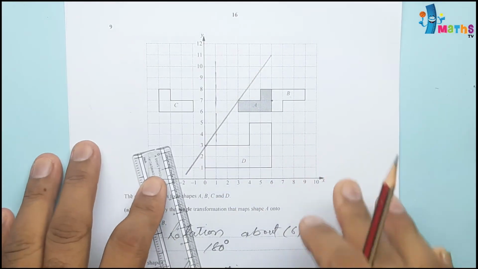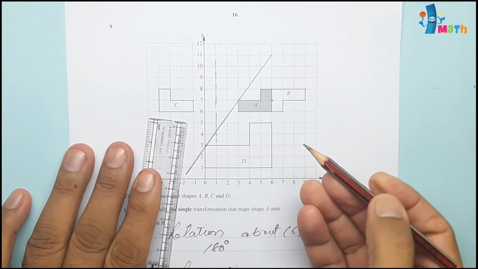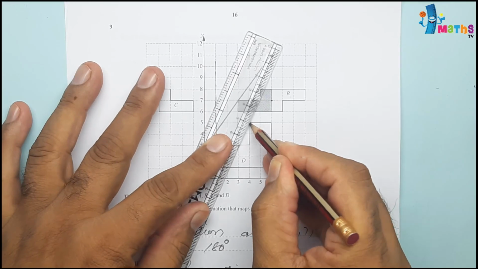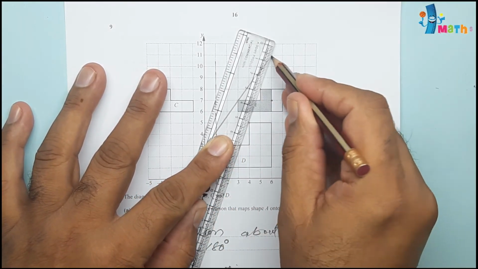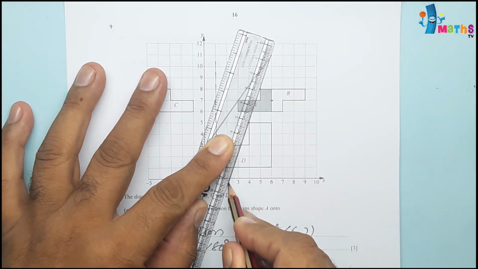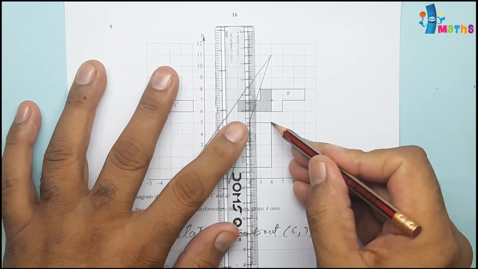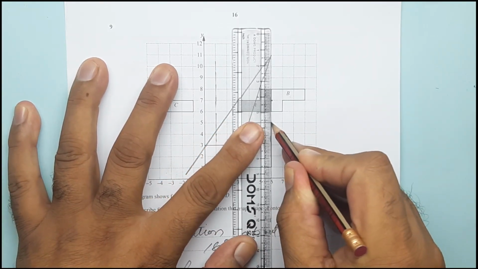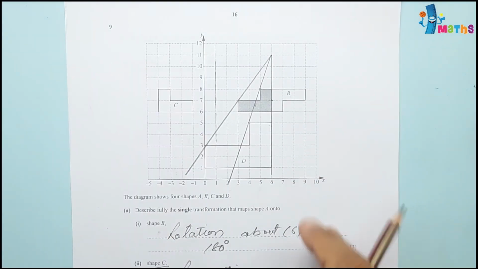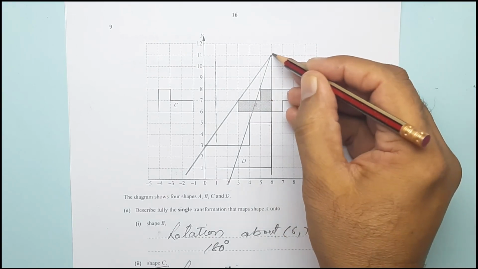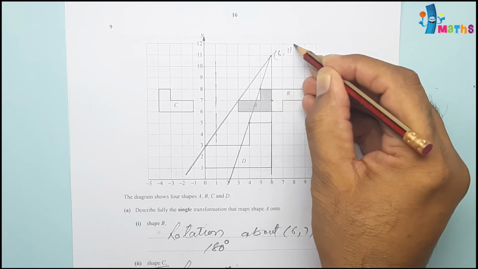We'll extend this, then we can draw this one, we can join this and this as well. So if we join these 2 points, they will be joined like this, and these points also we can join like this. So we know that it's meeting at this point, and the coordinates of this point are 6 and 11.